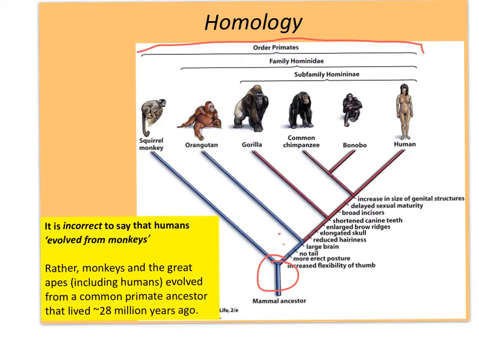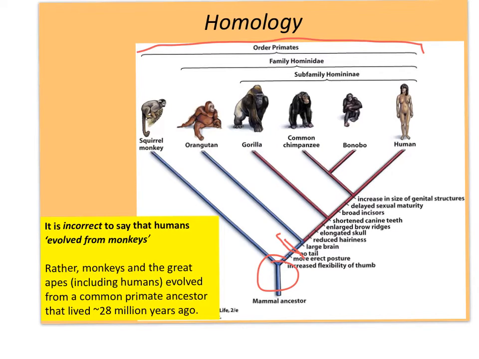Beginning here, we see the great apes. The great apes have lost a tail. None of the great apes have a tail, including orangutans, gorillas, chimpanzees, bonobos, and ourselves. Okay? So, at a certain point, no tail, more erect posture, larger brain than, let's say, your monkeys.